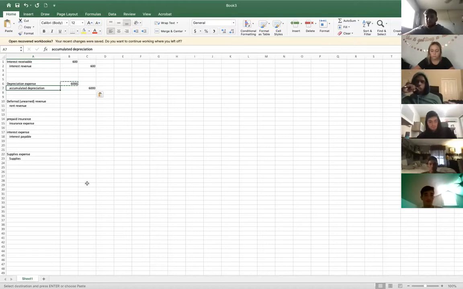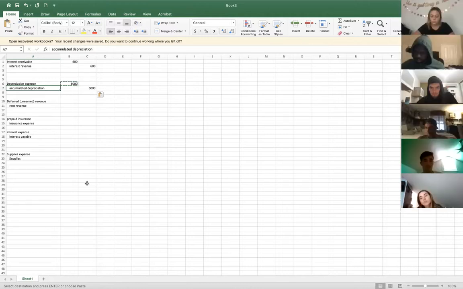Whenever you have a contra account, and we're going to have contra asset accounts, contra liability accounts, and contra revenue accounts before this semester is over, a contra account is linked to another account. Accumulated depreciation would be linked to the equipment account because this was depreciation on equipment. So we would have the equipment account, which has a debit balance, and then less accumulated depreciation, which has a credit balance.